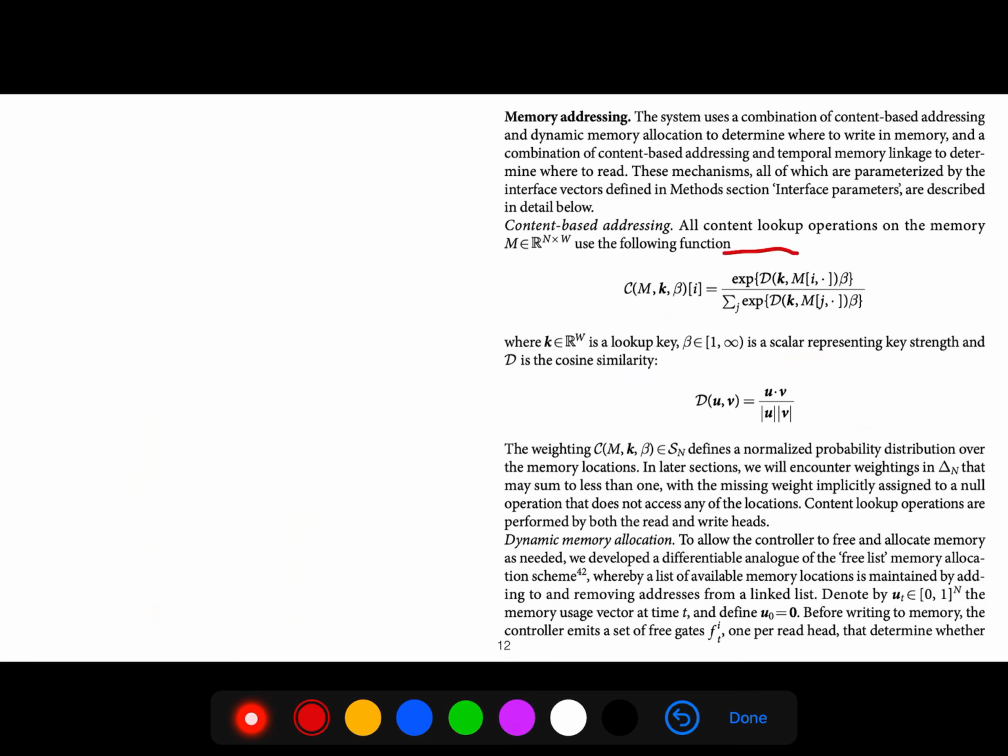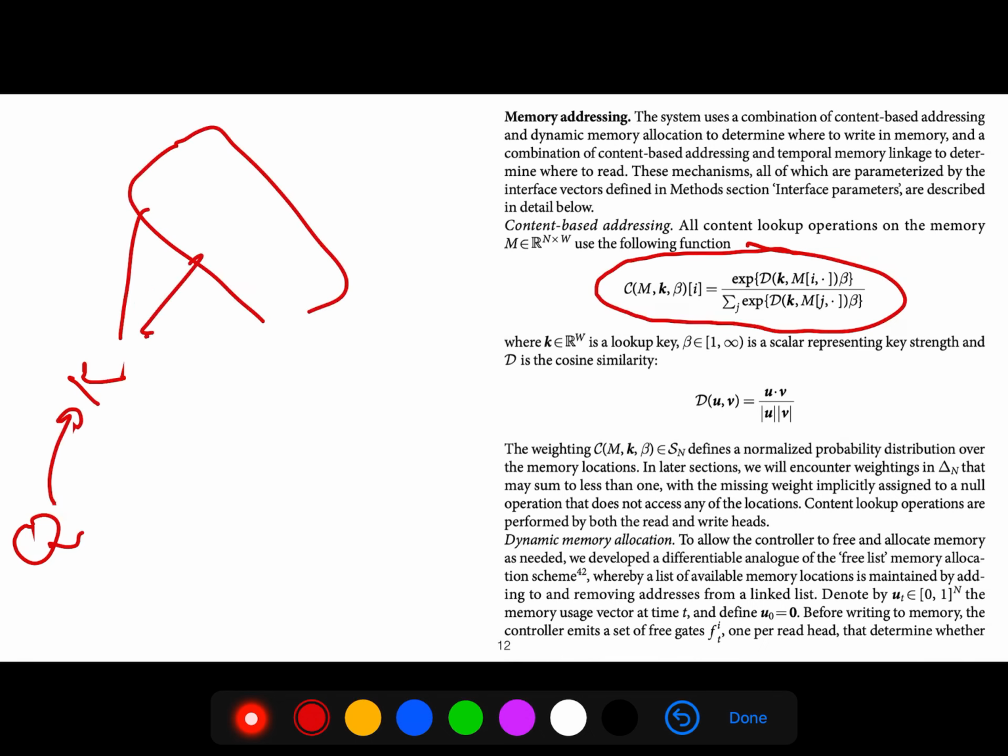And here, this is something that you have seen in several papers. It's like a soft attention. For example, you have a key that is from your question. The controller generates a key, and we compare this key to several rows of your memory to see which one is more relevant. Because when somebody says something, our brain checks which memories are related to what that person is talking about.